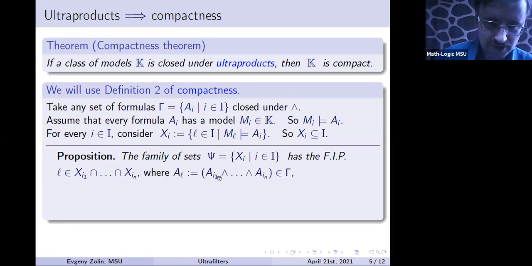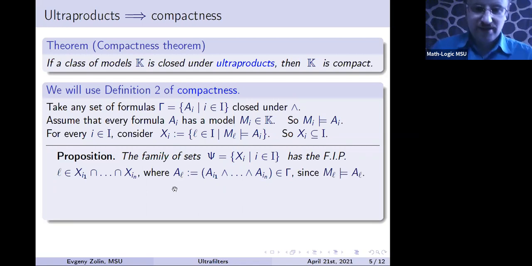And then we can take these formulas AI and take their conjunction. So it is again an element of gamma, so it has some number, some index L. So this L will be the index that we need.